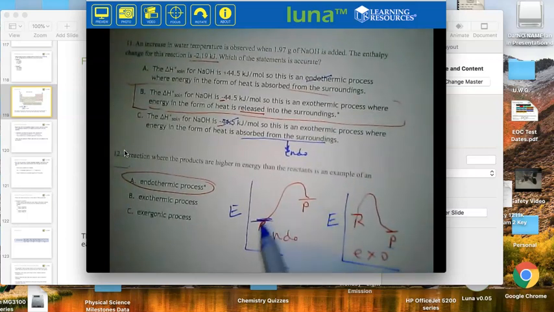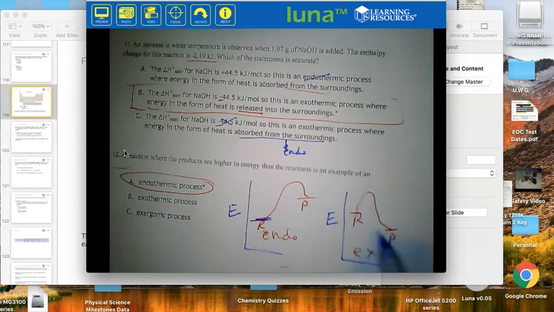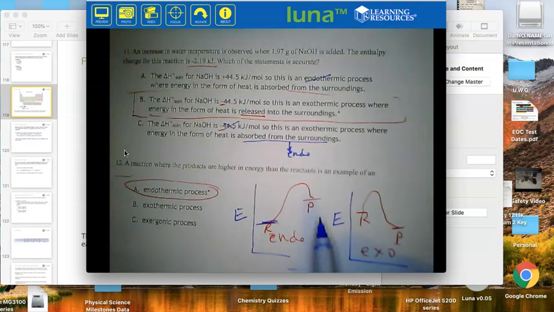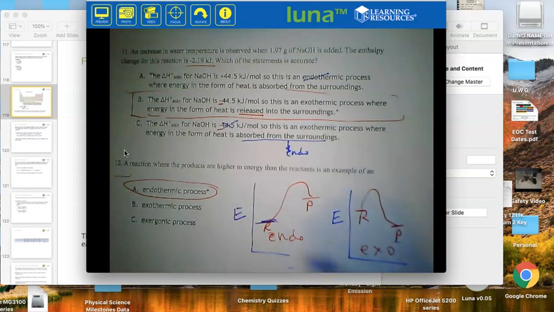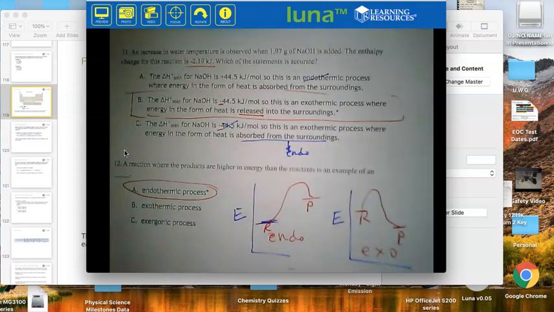So be familiar with these curves and looking at energy plots, and knowing that for endothermic reactions the products have a higher energy than the reactants, and for exothermic, it's the opposite. The products have a lower energy than the reactants. That's because with endothermic, it's increasing in energy because the reaction is absorbing energy. With an exothermic reaction, the energy is being released, so your energy value is going to be less for products.